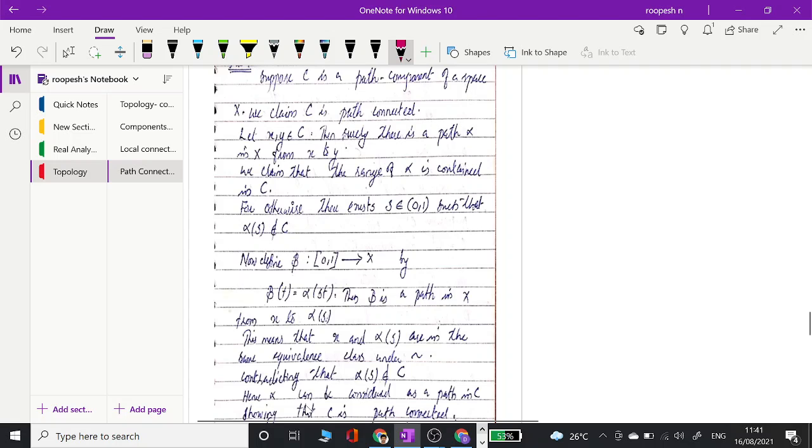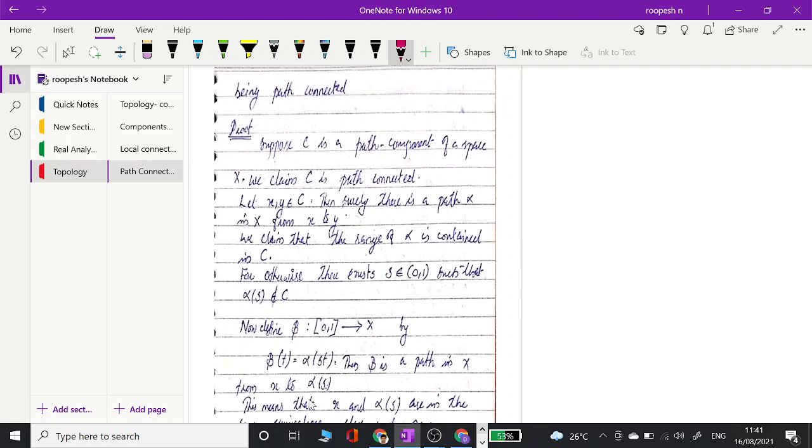Proof of the theorem. Suppose C is a path component of a space X. We claim C is path connected.